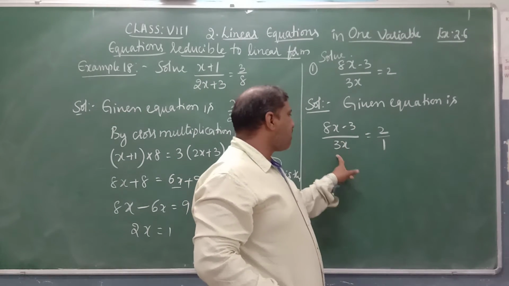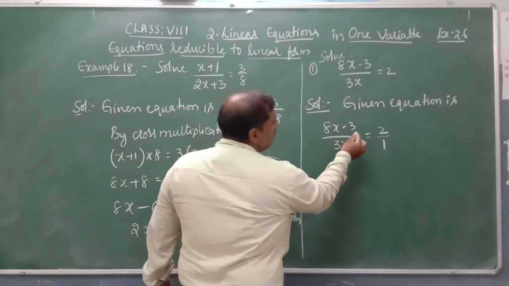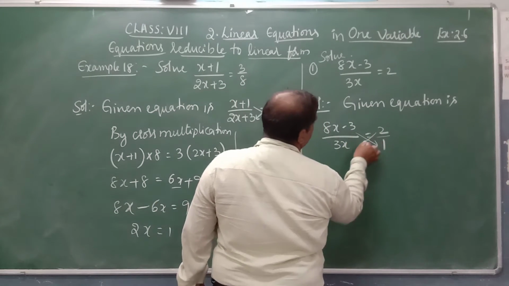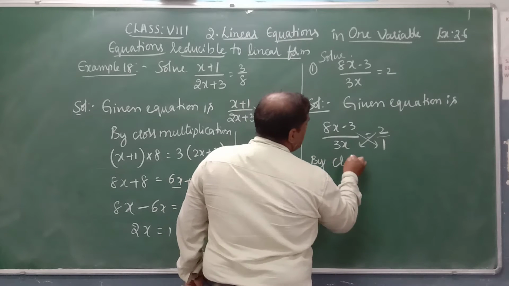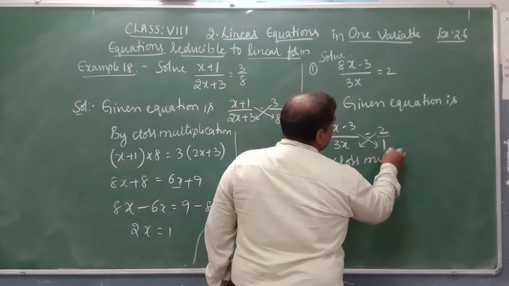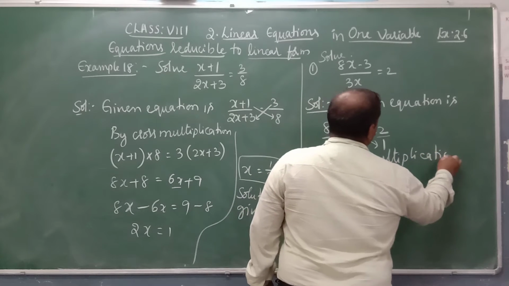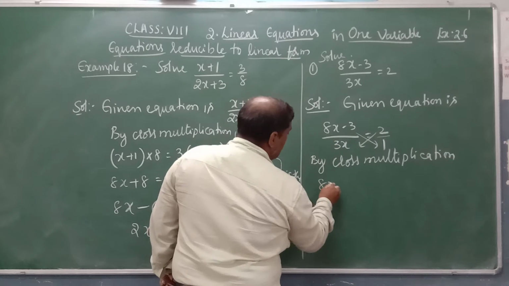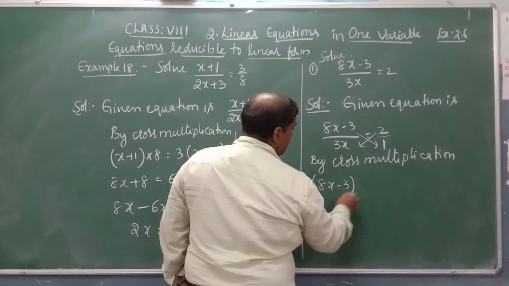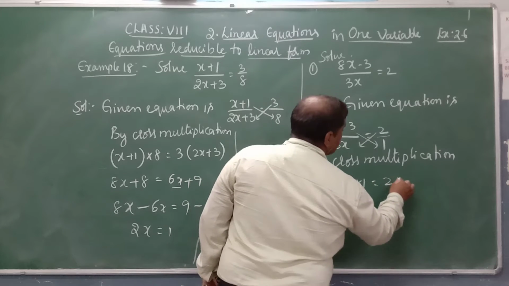The denominators are 3x on the left hand side and 1 on the right hand side. Now by cross multiplication, what do we get? (8x minus 3) is multiplied with 1, which is equal to 2 multiplied with 3x.